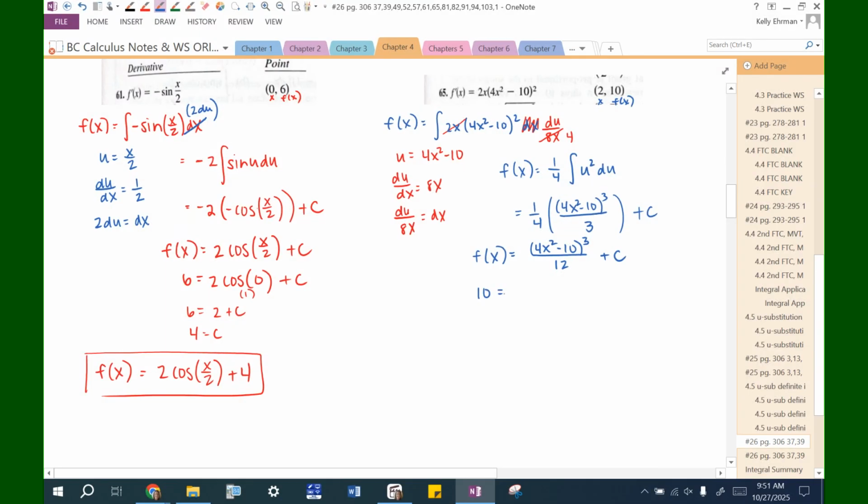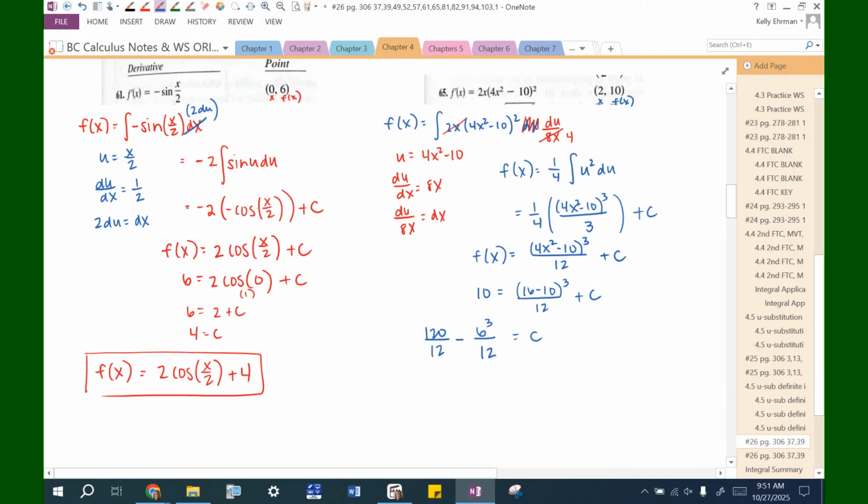So 10 equals 4 times 2 squared, so 16 minus 10 to the third over 12 plus c. Be careful, you can't multiply. I see this a lot. You can't multiply the 12 over to the side because it's attached to a plus c. So we're going to have to subtract this. So let's change 10 to 120 over 12 minus 6 to the third over 12.